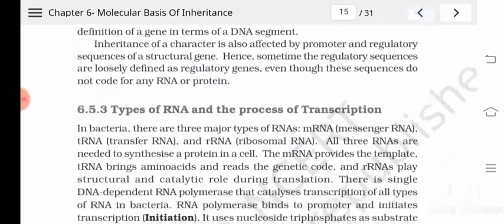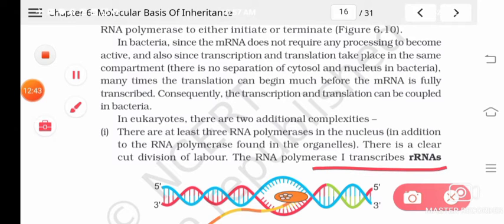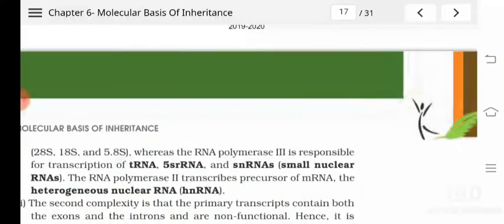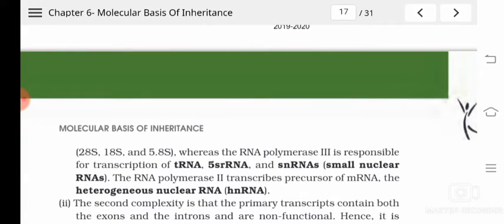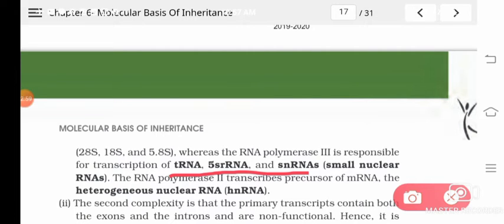They are RNA polymerase 1, that transcribes rRNA. Then RNA polymerase 2, and RNA polymerase 3, that is needed for the transcription of RNAs like tRNA, 5S RNA, snRNA, etc. And RNA polymerase 2 is needed for the transcription of mRNA.